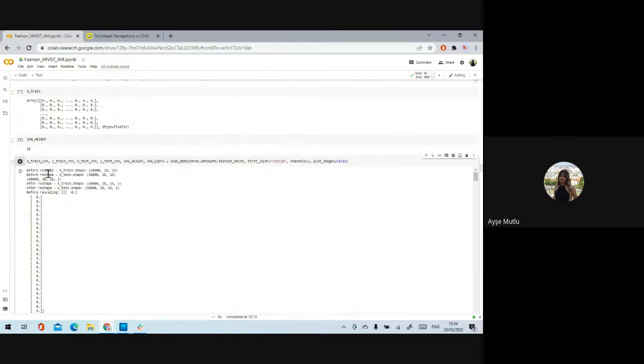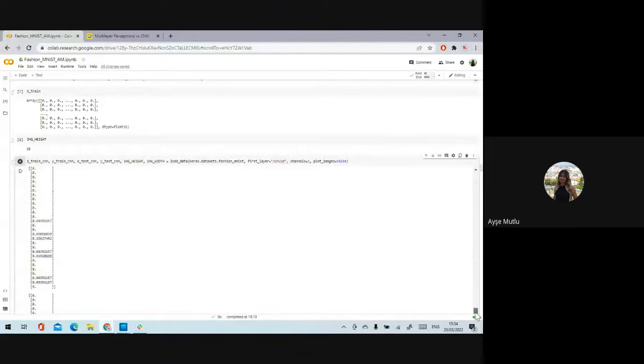So before the reshaping, we have 60,000 by 28 by 28, and the same for the test data sets. After the reshaping, for the X train we have 28 by 28 by 1, and for the X test we also have the same.